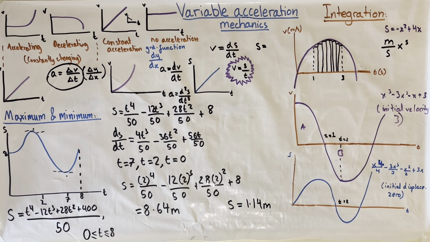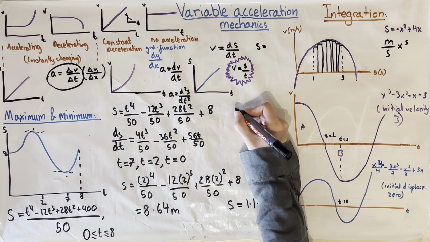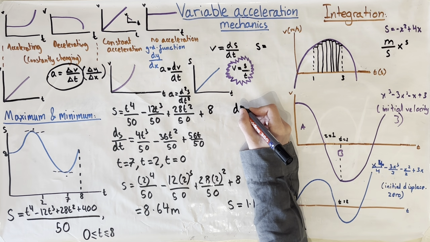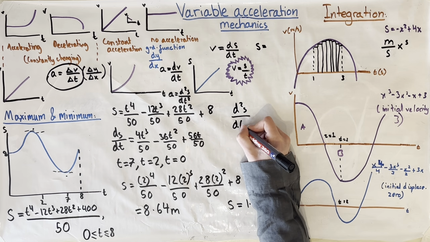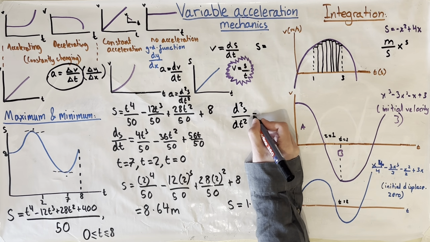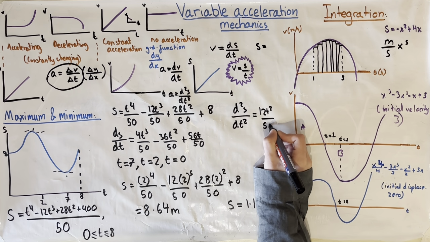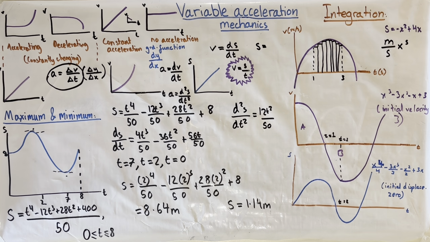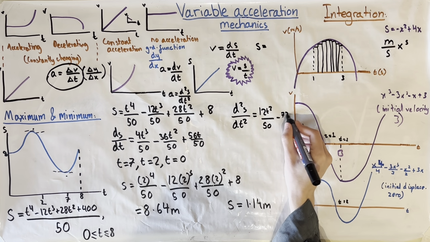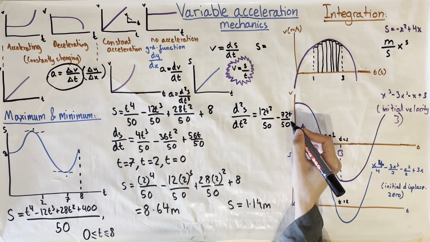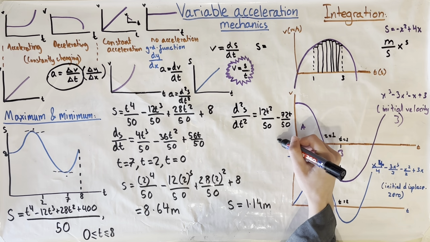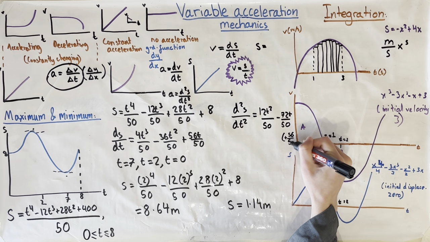Okay, now if we didn't have the graph and we just wanted to know what our maximum and minimum values were, we could differentiate again, which would give us 12t squared over 50 minus 72t over 50, and because I'm running out of space here, plus 56 over 50 as well.